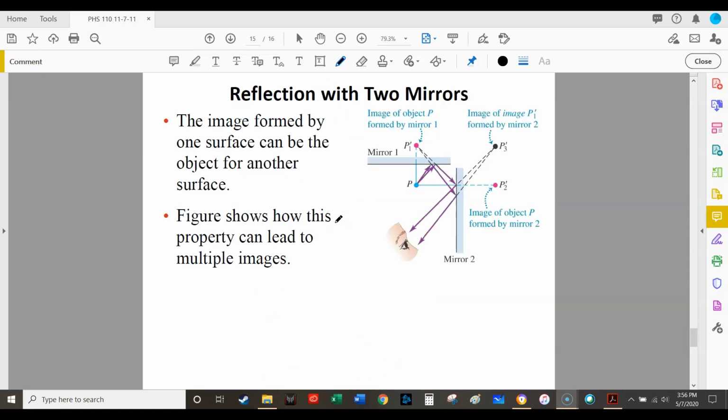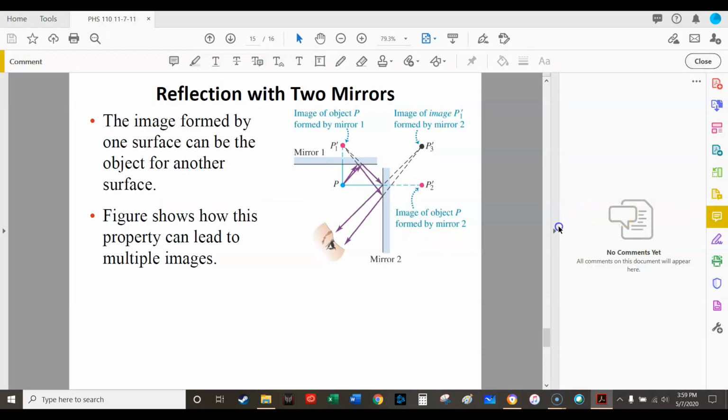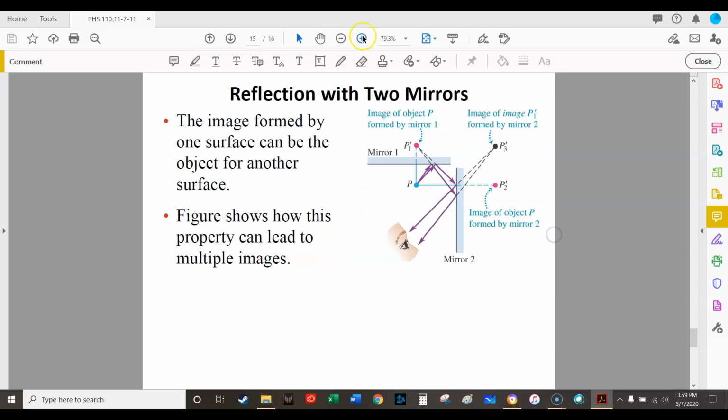It gets even more complicated with 2 mirrors, because now you have 2 reflective surfaces, and then you're going to have normals to those. So how do you deal with that? Well, let's go ahead and mark up this document just like we normally do. And then here we go.